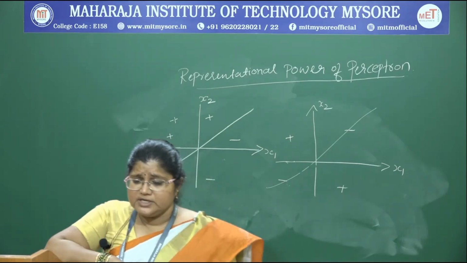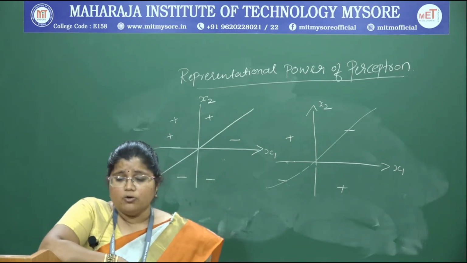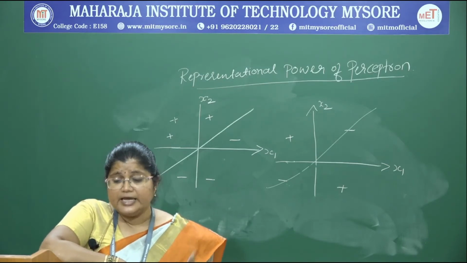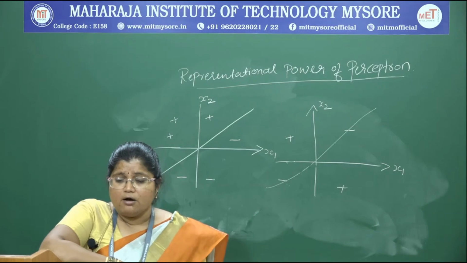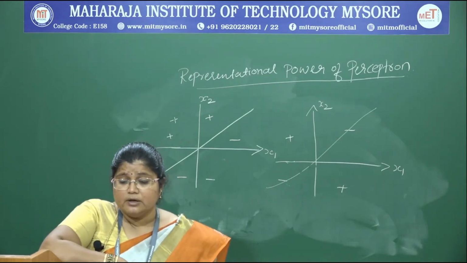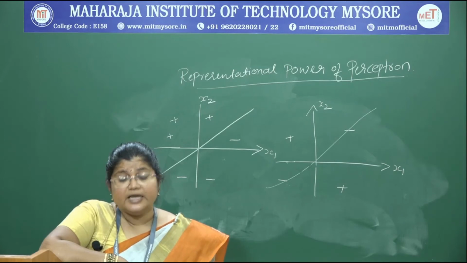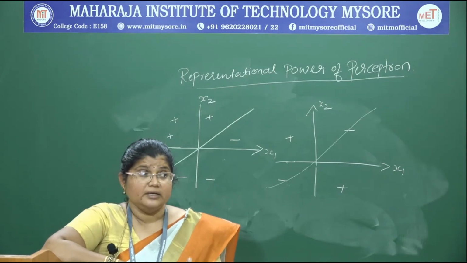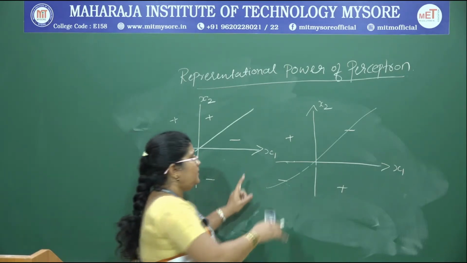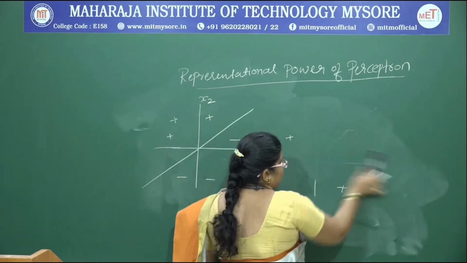Here the perceptron outputs a 1 for an instance lying on one side of the hyperplane and outputs minus 1 for an instance lying on the other side. That is applicable for the first diagram. That is not applicable for this diagram.